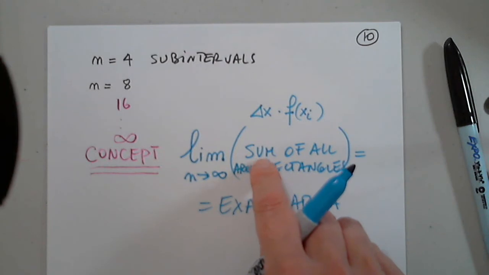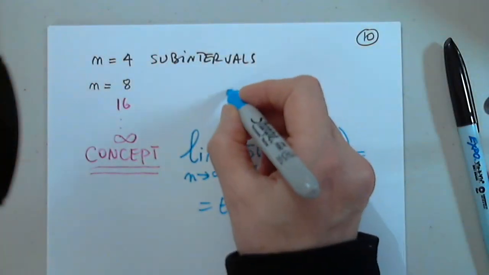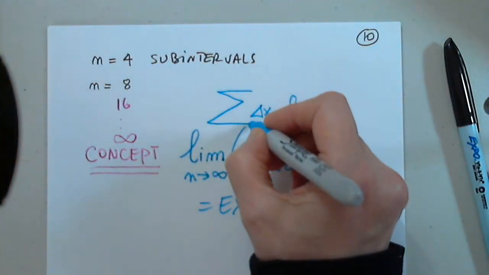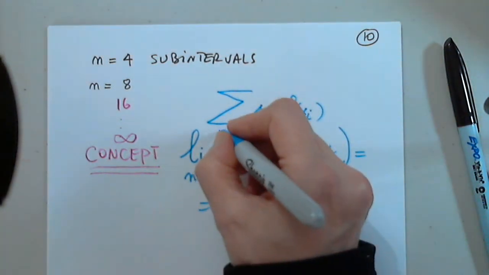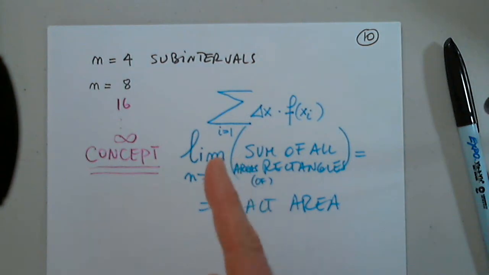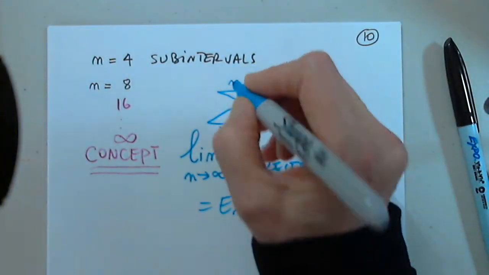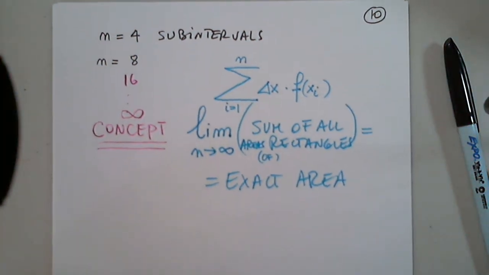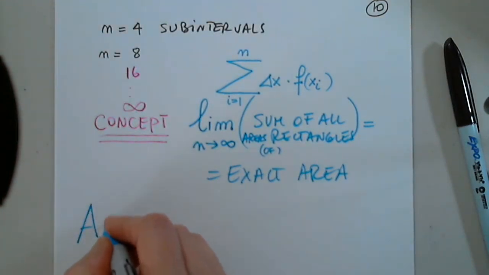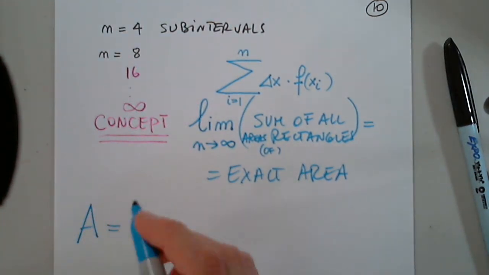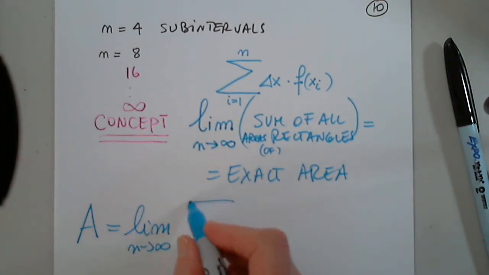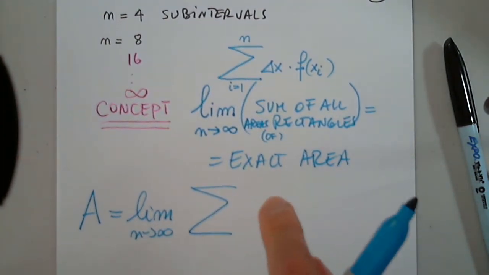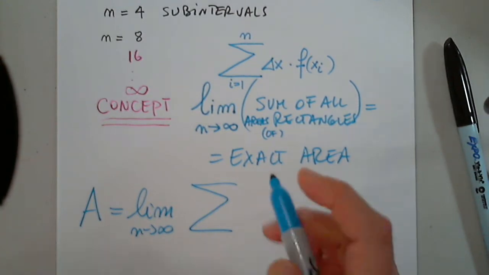And this key word will be exactly what I started with today. The sum of all areas from the first one till the last one. So the exact area, no approximation, is the limit as n approaches infinity of the sum of the areas of all rectangles.